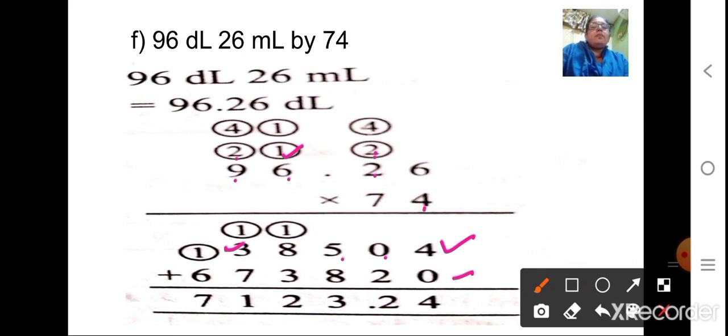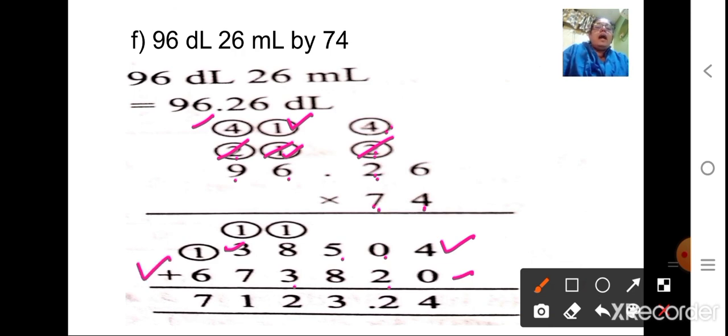In the ones place we'll put a 0, start with 7, 7 6s are 42. 7 6s are 42, 4 carry over, 7 2s are 14 plus 4, 18, 1 carry over here, 7 6s are 42 plus 1, 43, so 4 carry over here, and 7 9s are 63 plus 4, that is 67.